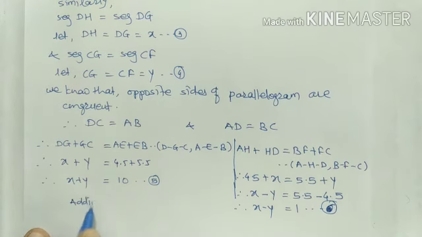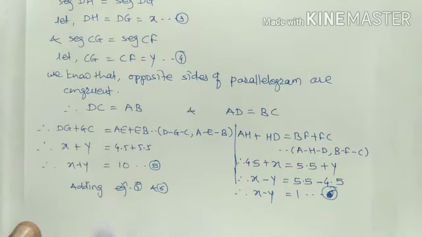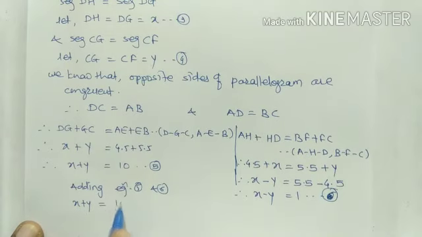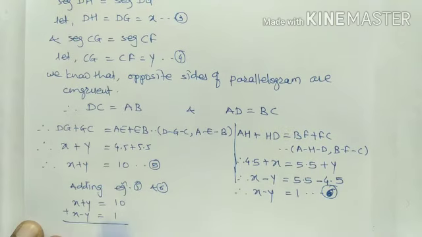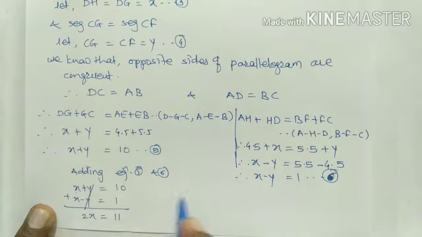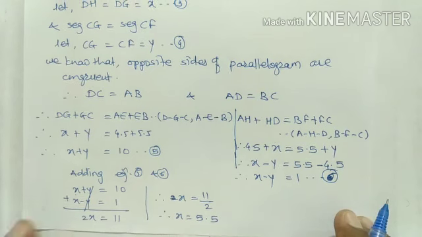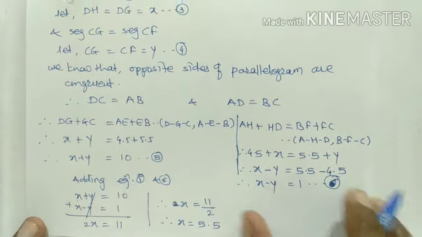So adding equations fifth and sixth, x plus y equals 10 plus x minus y equals 1, plus y minus y get cancelled, then x plus x is 2x equals 10 plus 1 equals 11, and therefore 2x equals 11, therefore x equals 11 upon 2, and therefore x equals 5.5. Here we find the length of x equals 5.5.